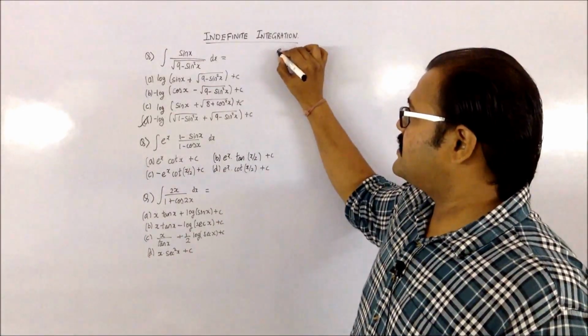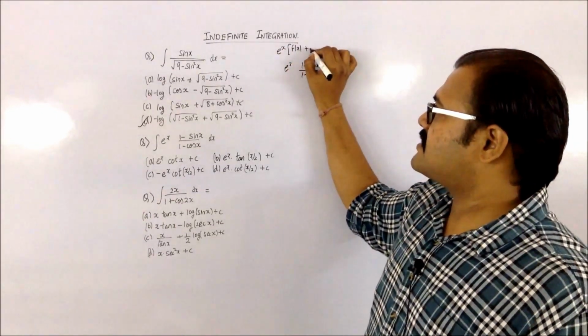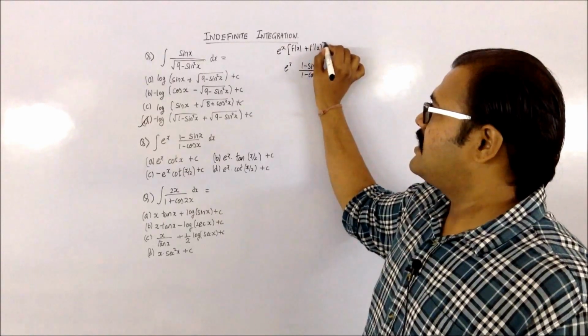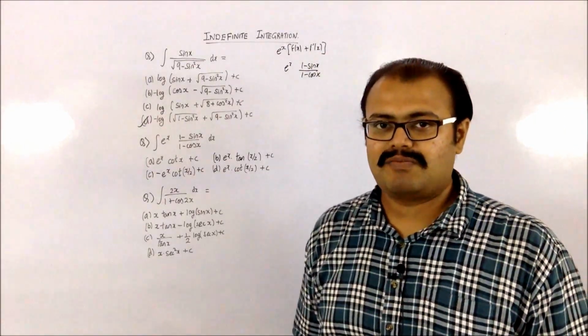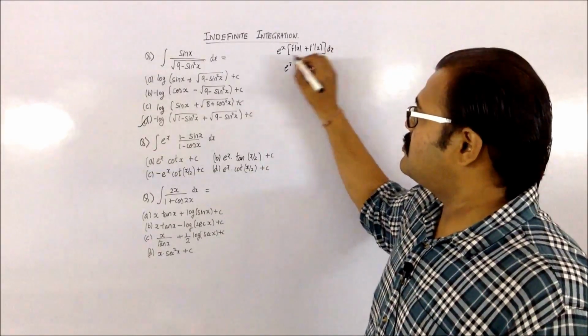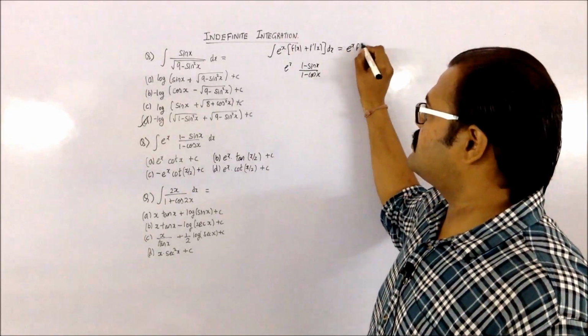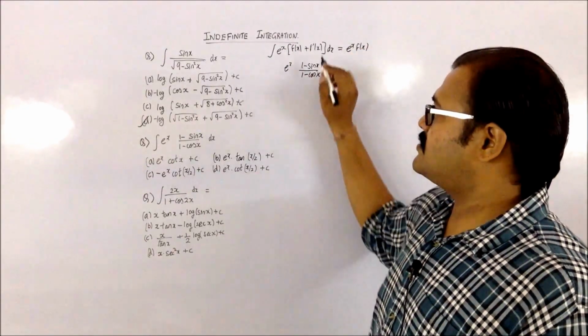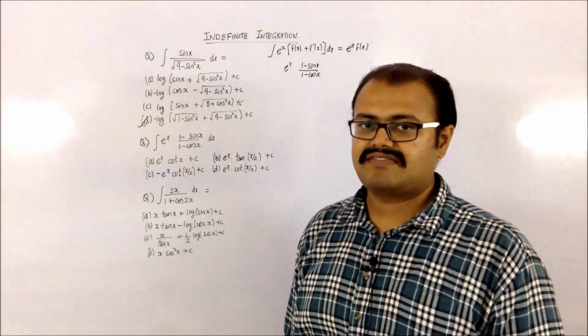This is just a tip whenever you have e raised to x into a complicated function. Because you know that the integral of this formula will be nothing but e raised to x into f of x. So what you have to do is bring the addition of a function and its derivative.